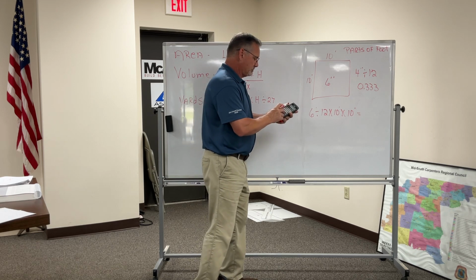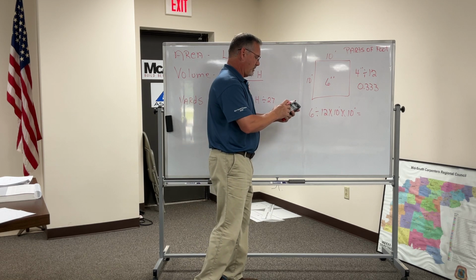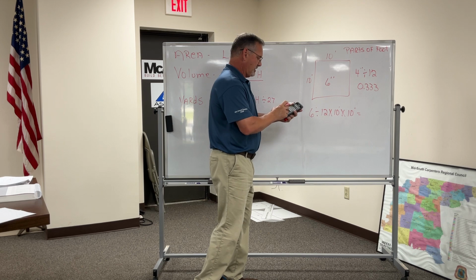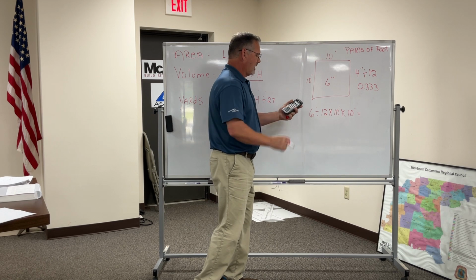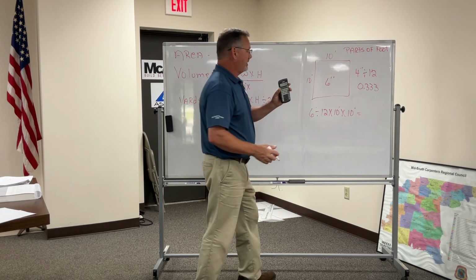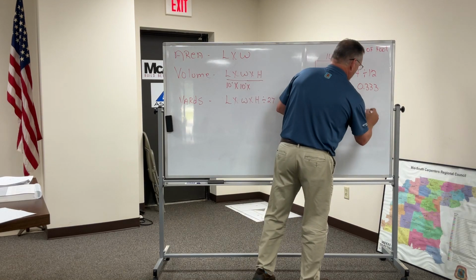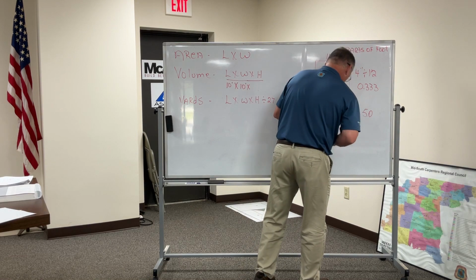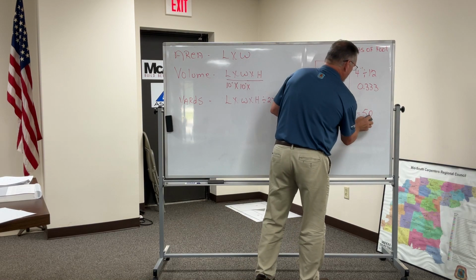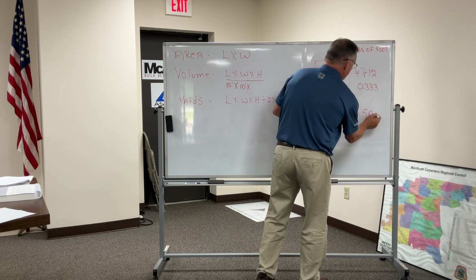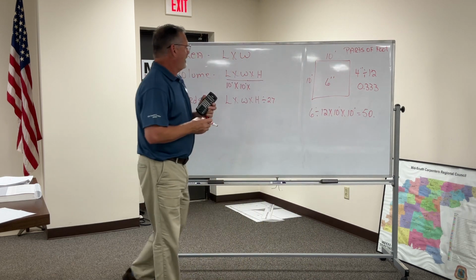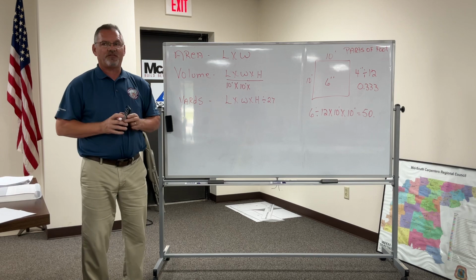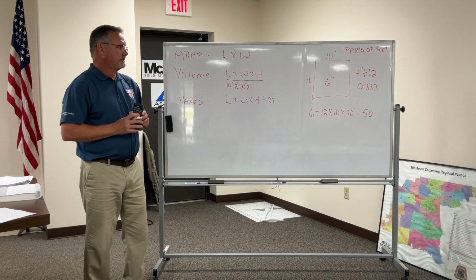So I start out 6 divided by 12 times 10 times 10, and we got 50, all right? Sorry, I put a dot in there. Dot goes behind it. So now our area is 50 cubic feet, all right?